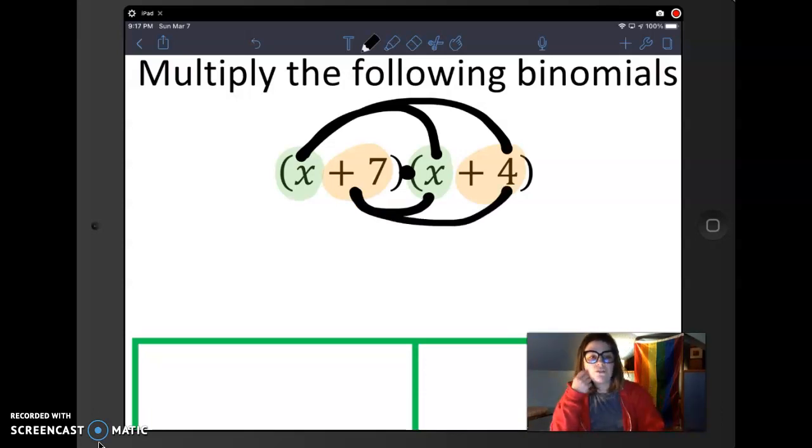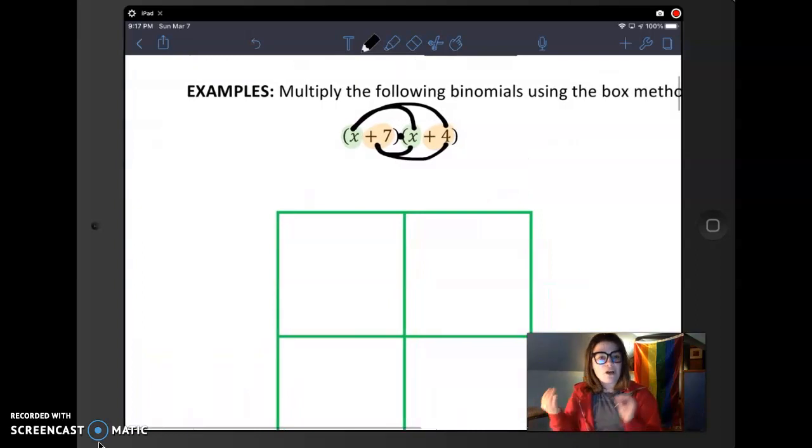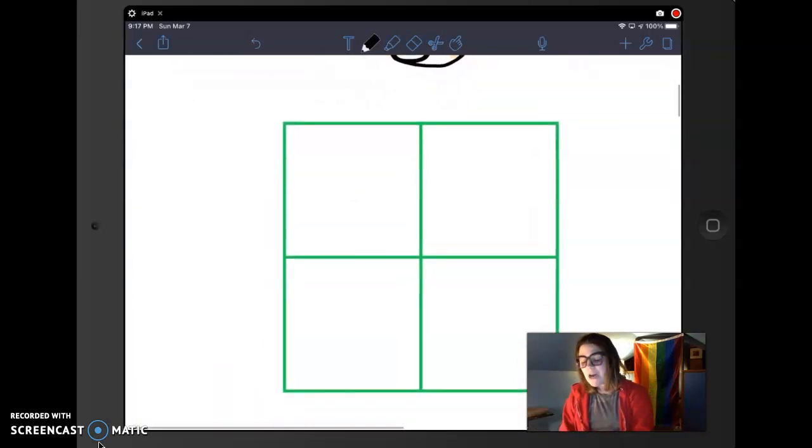Now this can get a little confusing and a little bit complicated. So I'm going to have us also use a method called the box method. This box method is very simple. All you have to do is draw a box, which we already did for you.